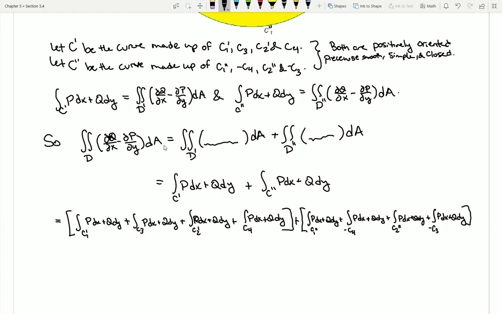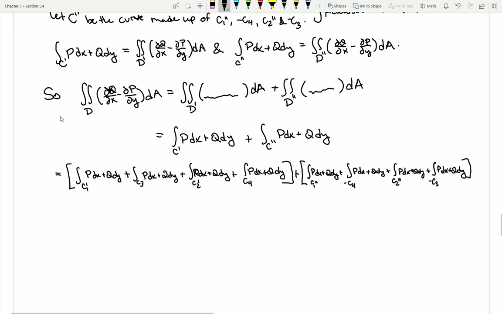So this is getting really complicated, and I know my goal is to hopefully show that all of this could just turn into the one simple line integral over just C. Okay, but let's see what we come up with here.